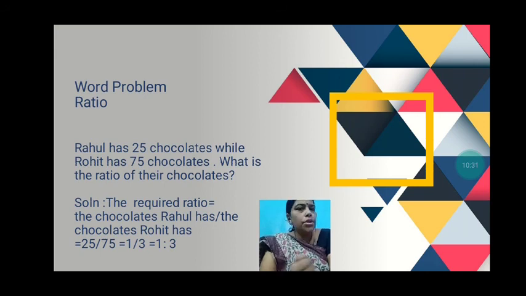We have to reduce it to the lowest terms, which means that further it cannot be divided. So we get 25 by 75 is equal to 1 by 3, which is 1:3. I think you will understand after this.